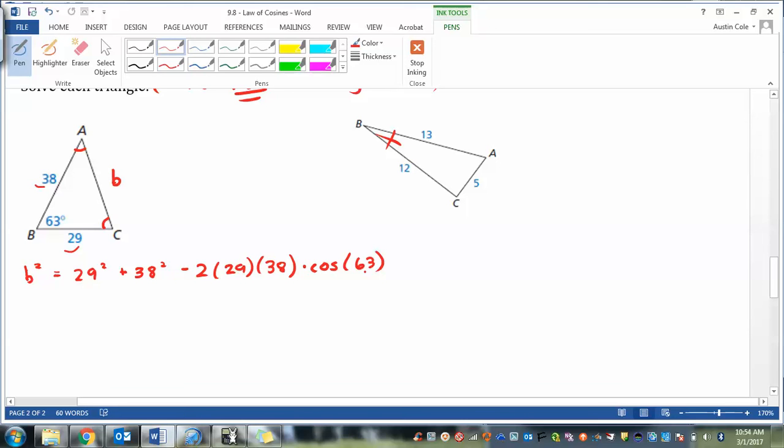Can I type all that in? I can. Make sure you type it in correctly. And remember, whatever number we get here, we need to do the square root of that number. What do we get there, guys? 35.46. Do we agree there?